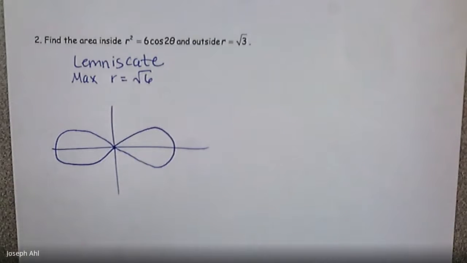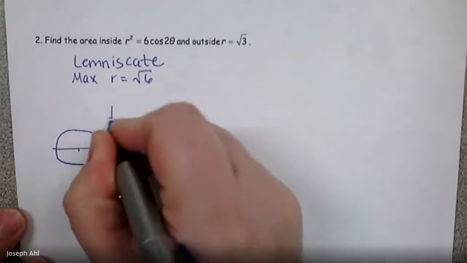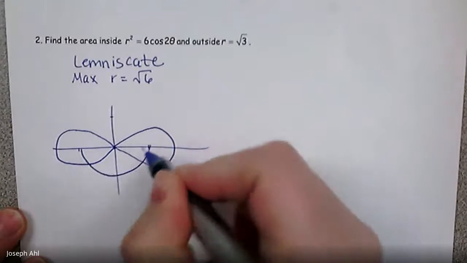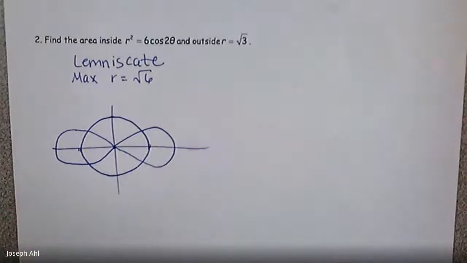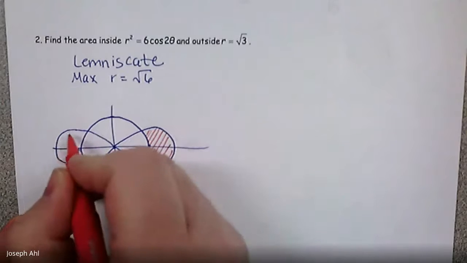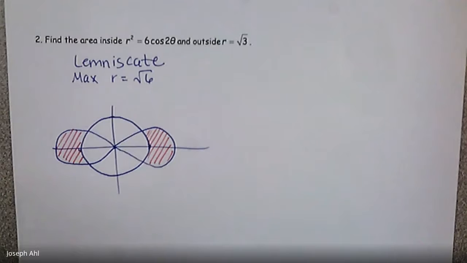Okay, and then for the circle, again, we want to pick out what a radius of radical 3 would look like and create a circle centered at the pole with that radius. So with that being said, what we're looking for is the area inside the lemniscate but outside the circle. So that's this region here, and that would be this region over here. Okay, so that shaded area.